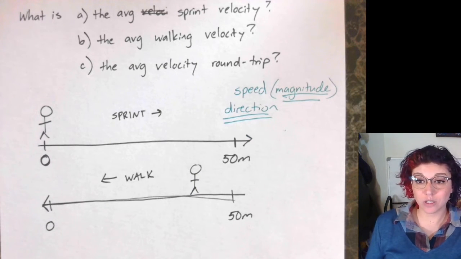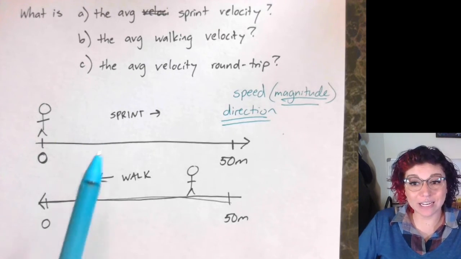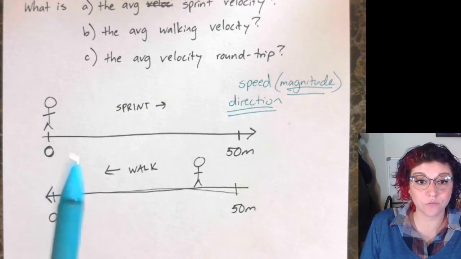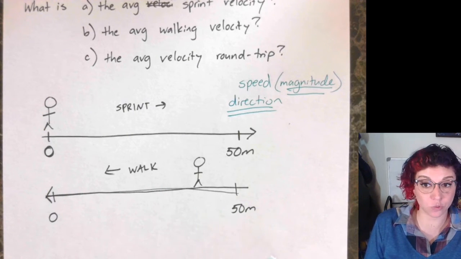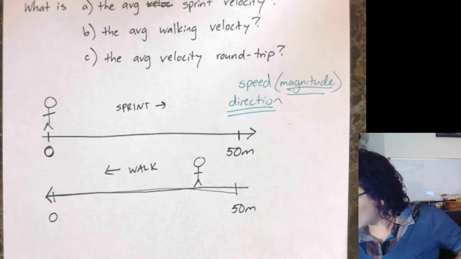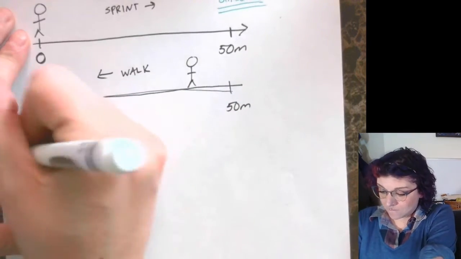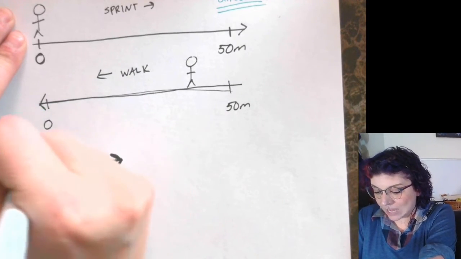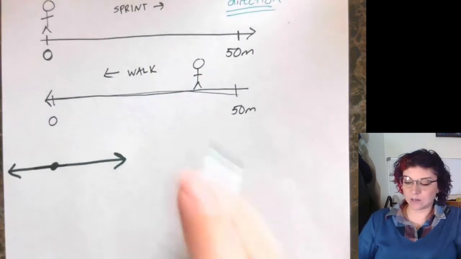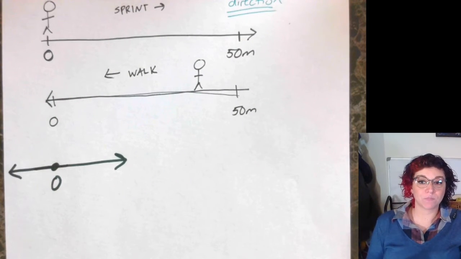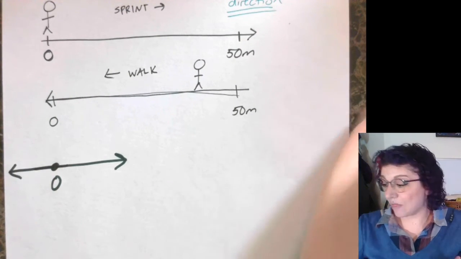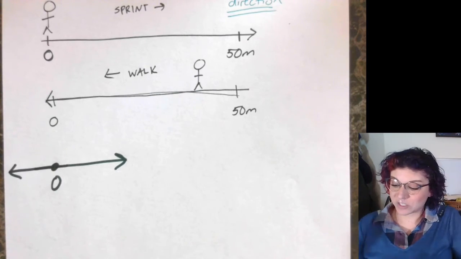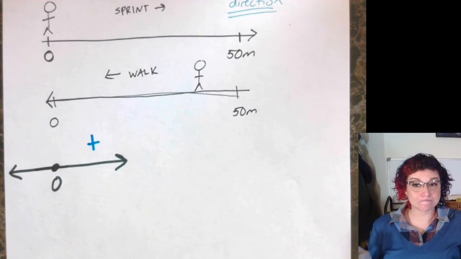As such, when we define our coordinate system, when we define where we start off for this sprinting and walking and which direction we go, that means that one direction will be positive and the other will be negative. So if this is my 0 point, I am going to say that walking to the right is going to be a positive value.